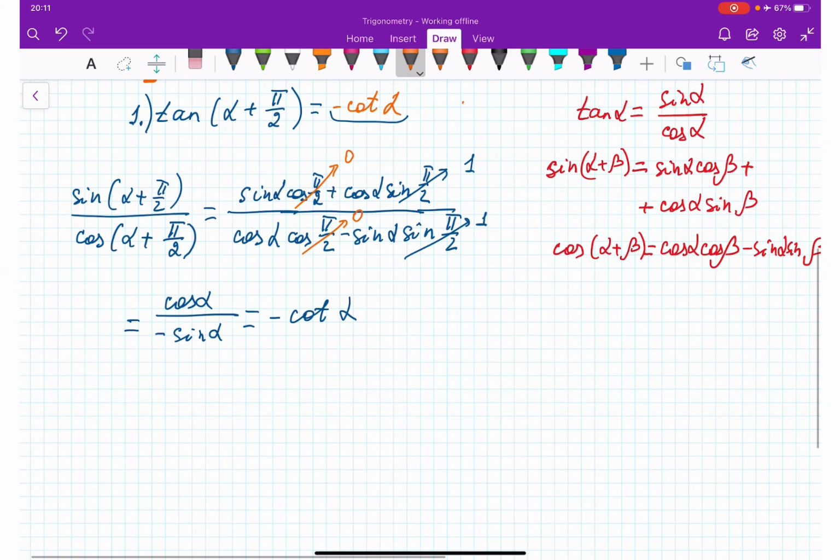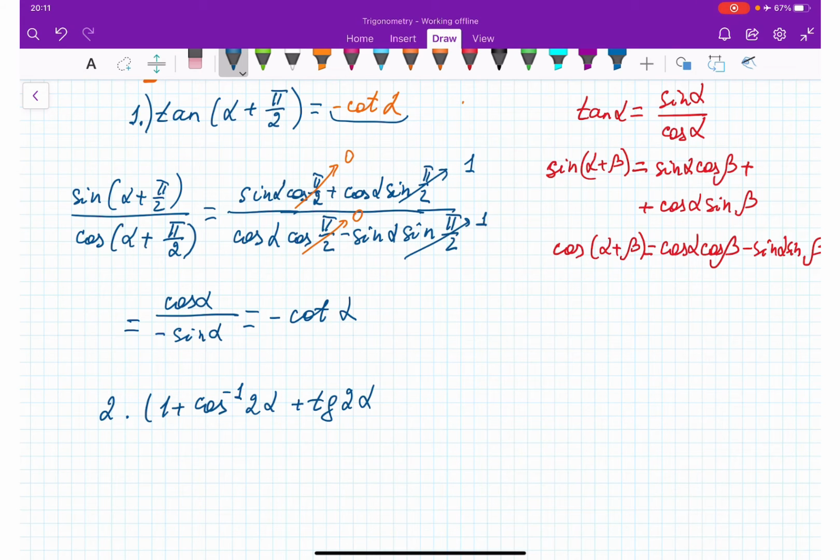Next, number 2, we are going to prove that (1 plus cosine to the power negative 1 of alpha plus tangent of alpha) multiplied by (1 minus cosine to the power negative 1 of alpha plus tangent of alpha) is equal to tangent of alpha squared.